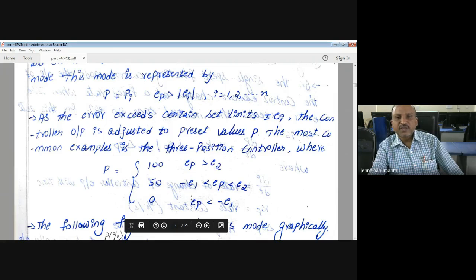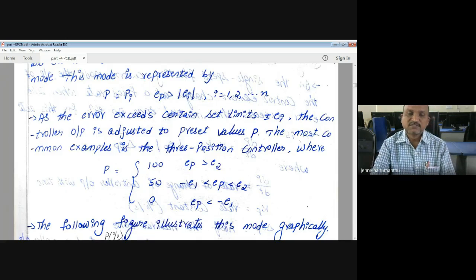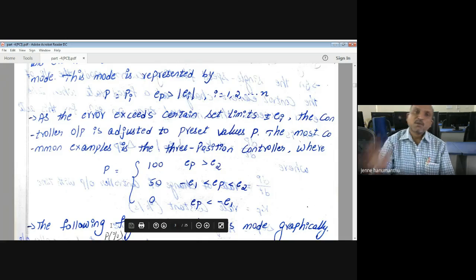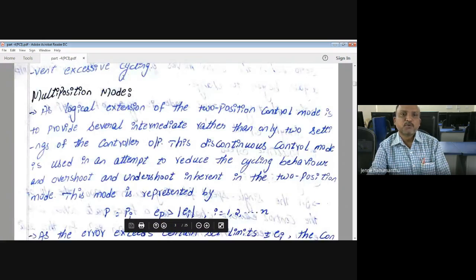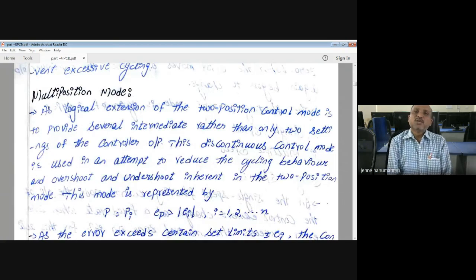When the error is between minus E1 and E2, the output is 50%. Otherwise, if the error is greater than E2, the control output is 100%. So more than two controller modes, more than two control actions, that is called multi-position mode. Multi-position means more than two positions.